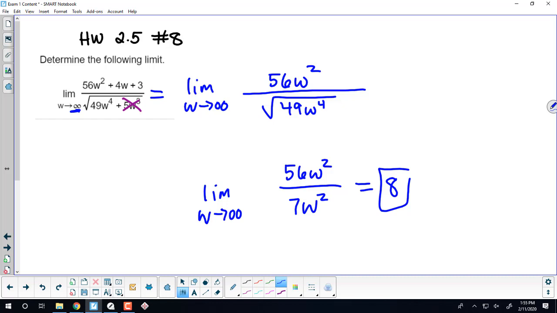So this first situation that we have here on the whiteboard is the most straightforward. You really don't have to think about it. If you're approaching positive or negative infinity, you simplify an even root as an even power. Both of those limits are going to be the same. Questions on that?